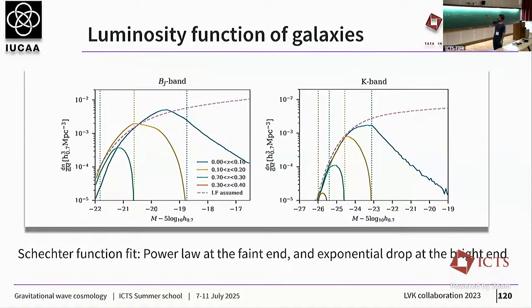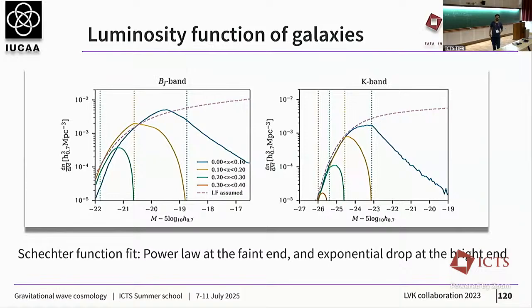This kind of functional form, which is a power law at the faint end and then an exponential drop-off, is typically fit by a function called a Schechter function. This particular function was proposed in the 1970s to explain the halo mass function that you get.